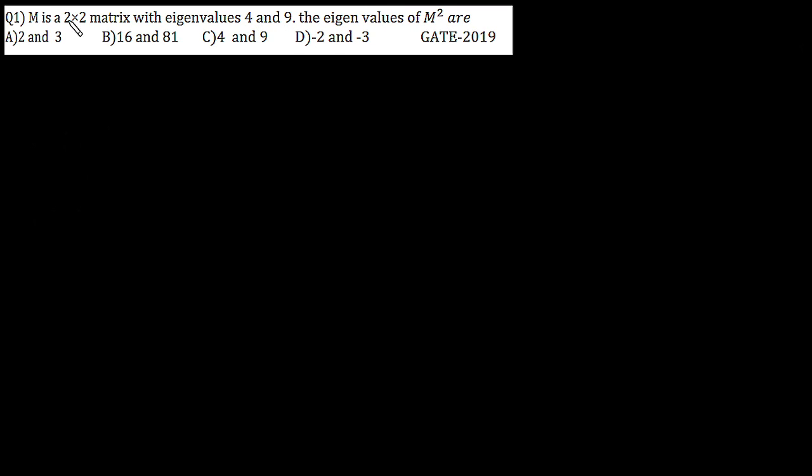Okay, we are given the eigenvalues of this matrix M and they are asking about the eigenvalues of matrix M square. So here we simply have to use one of the properties of eigenvalues. Let's call these values 4 and 9 lambda 1 and lambda 2.